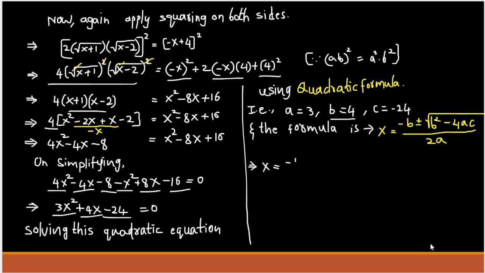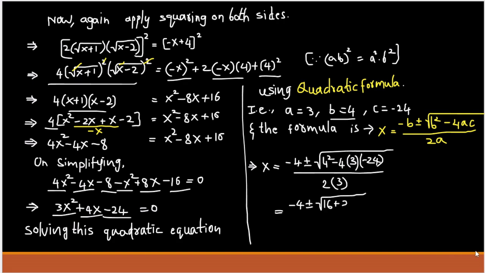Now substituting these values, b is 4, so minus 4 plus or minus square root of 4 square minus 4 into 3 into minus 24, by 2 into 3. So we get minus 4 plus or minus square root of 16 plus 288, by 6.